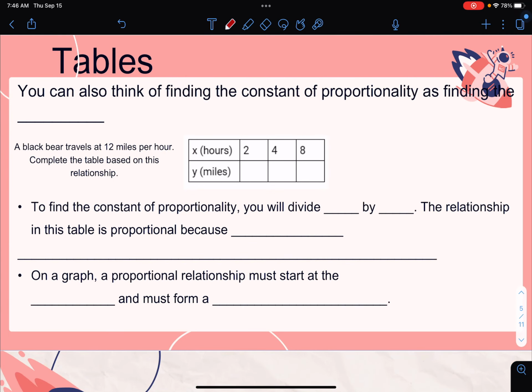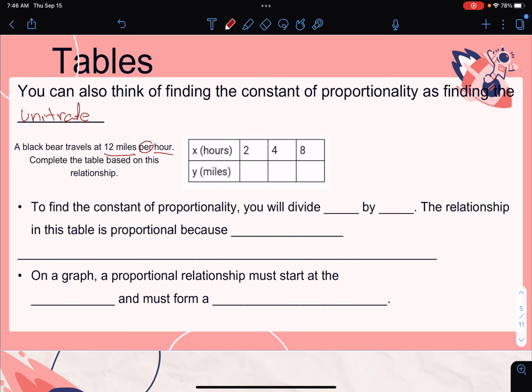The next one, you can also think of finding the constant of proportionality as finding the unit rate. So here we have a statement. It says a black bear travels at 12 miles per hour. Complete the table based on this relationship.